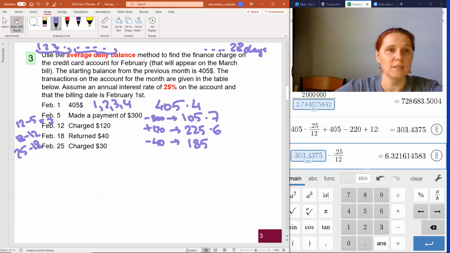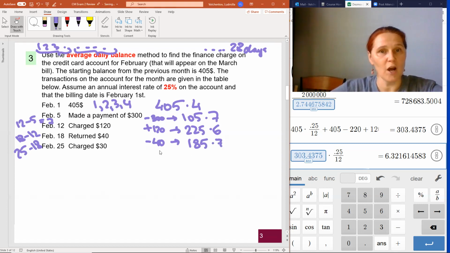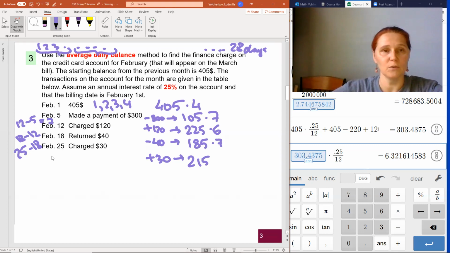25 minus 18, 7 days times 7. And then the last balance will be charged 30 plus 30, which will be $215. And at the end of the month, you better write at least the dates.